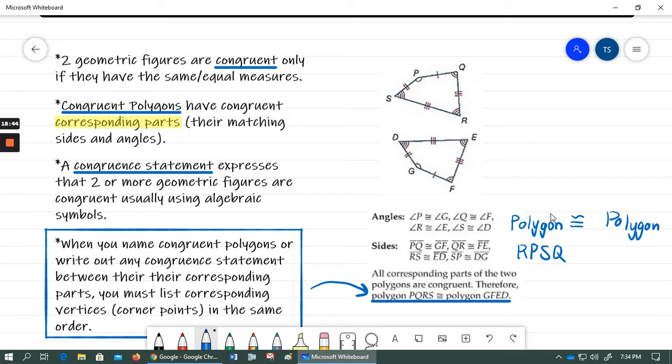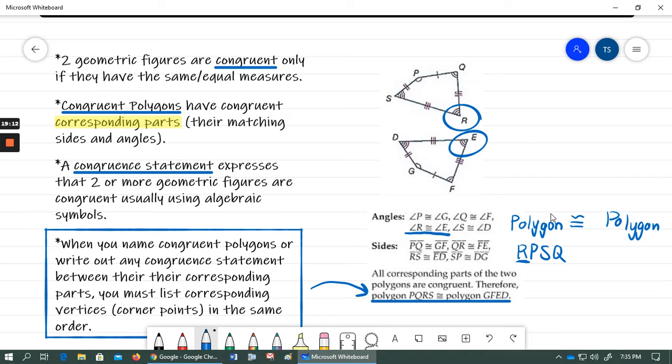So, folks, since R is coming first, guess what? Which vertex matches or corresponds with the vertex R? You can tell that based on the congruent statement that we have for our angles, or you can literally look at the diagram and tell that the corresponding angle with angle R is angle E, right? Because they have matching congruency symbols for those two angles.